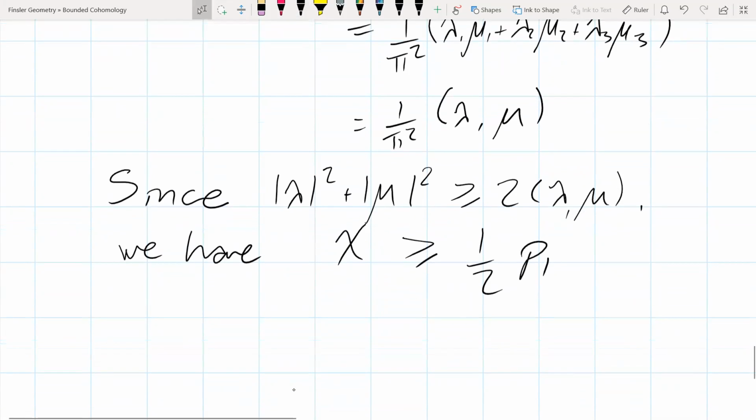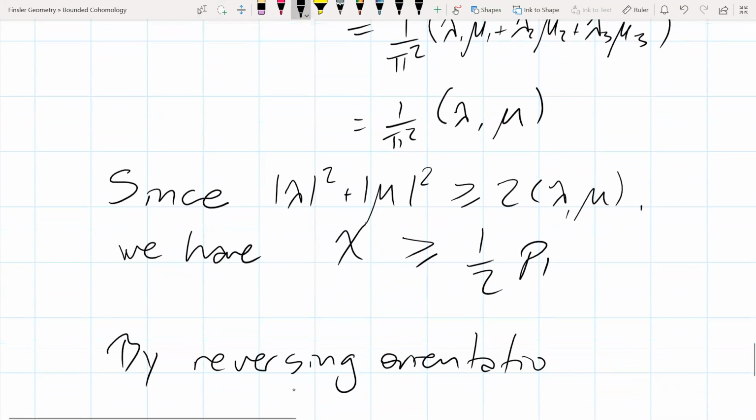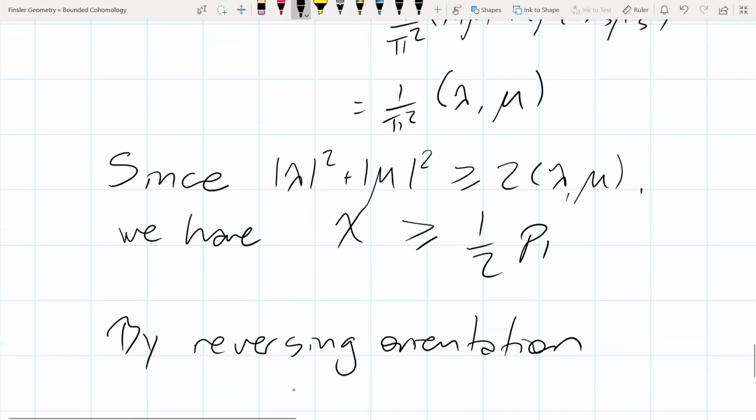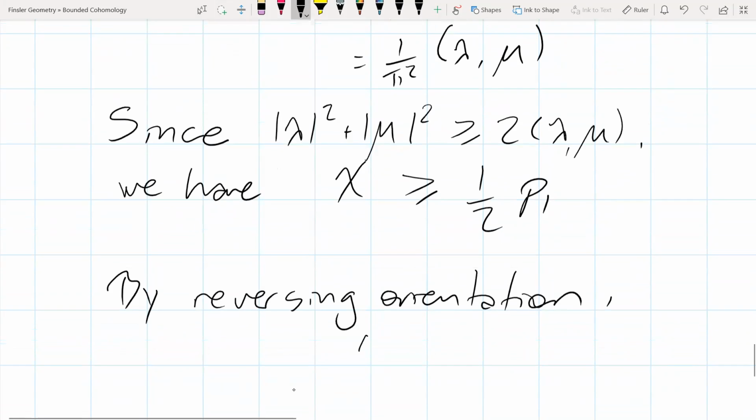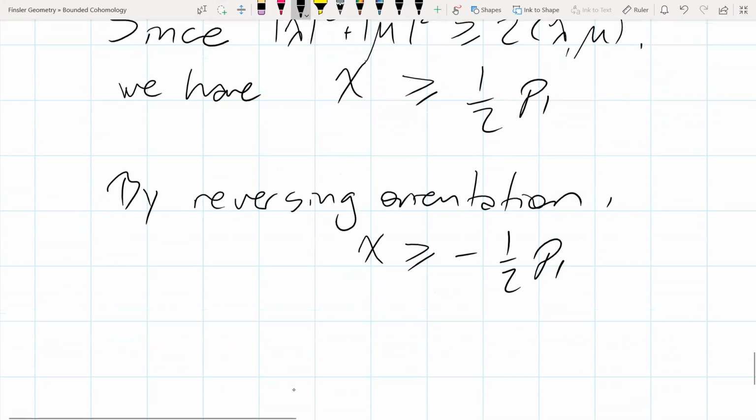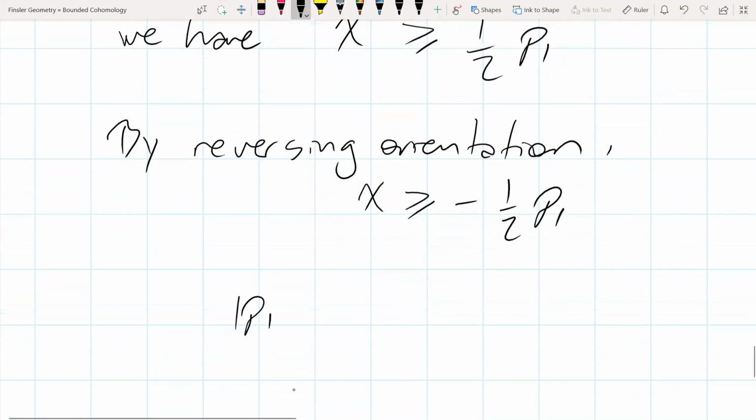You can reverse orientation in M, and it's still an Einstein manifold. And the Euler characteristic won't change, but the Pontryagin class is going to be the negative. So you have also that the Euler characteristic is larger or equal than negative half of the Pontryagin class. So what we have is that the absolute value of the first Pontryagin class is bounded above by 2 times the Euler characteristic.